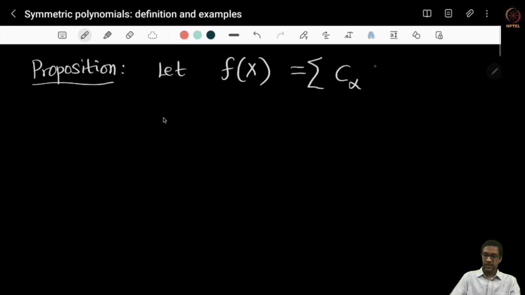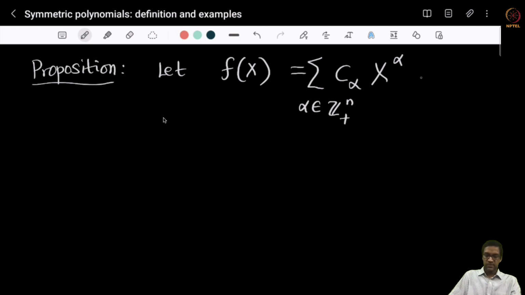Let me call it the summation of c alpha x to the alpha. Recall, any polynomial can be written like this, with finitely many terms and c alphas being non-negative integers. So let this be a polynomial in n variables.